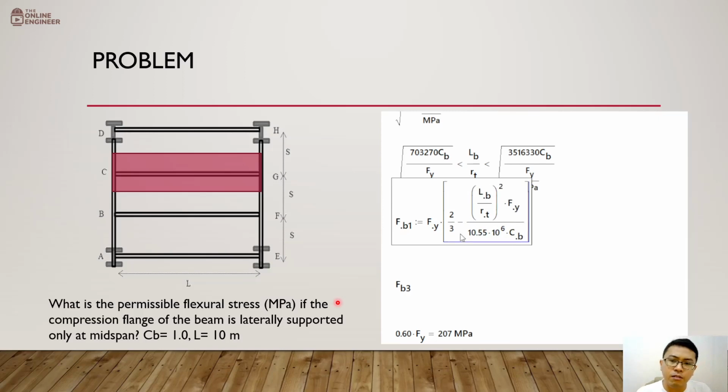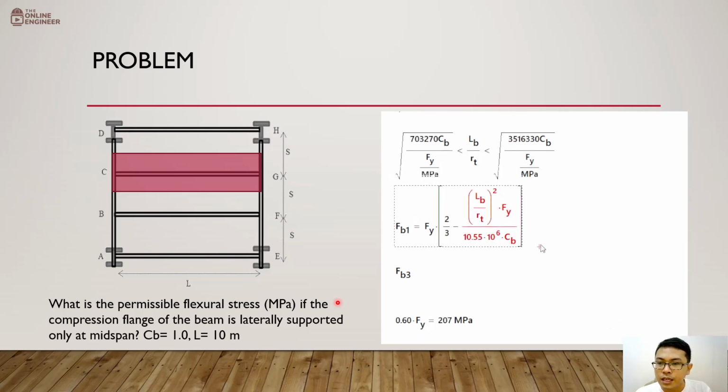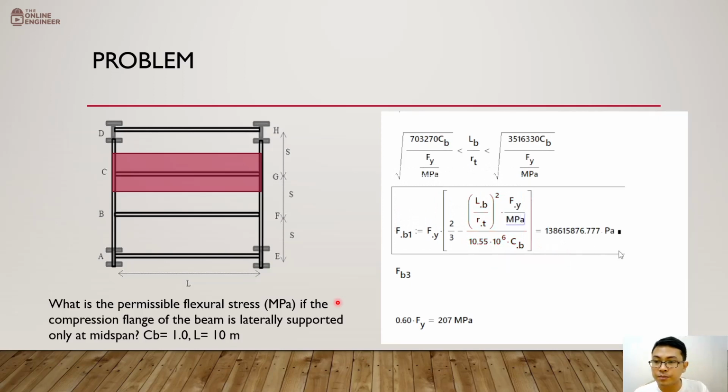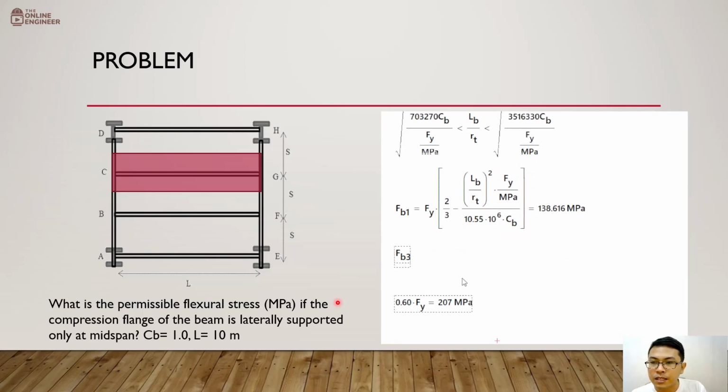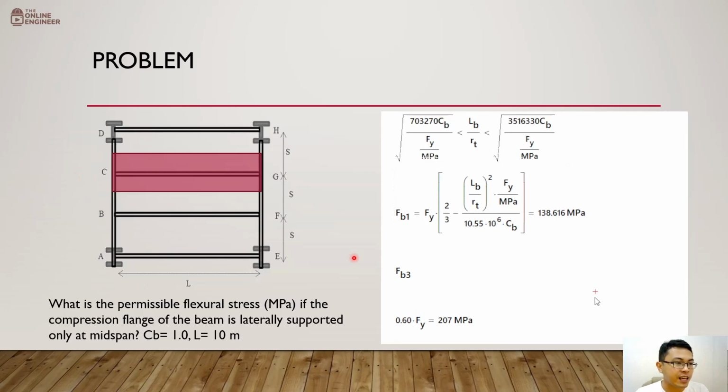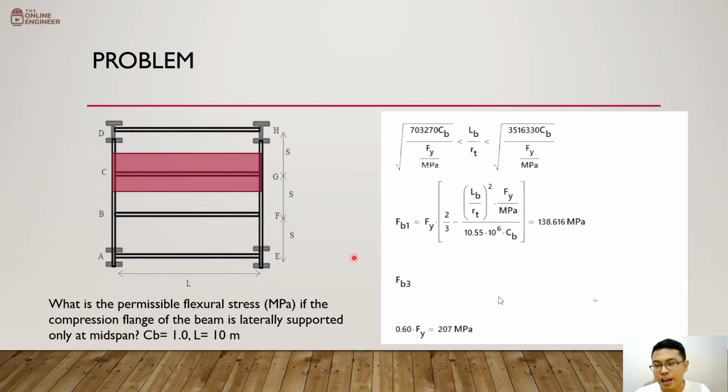So it's a very long formula. Let me just remove the unit once again so that we have our FB1, which is 138.616 megapascal. That's our first FB1.